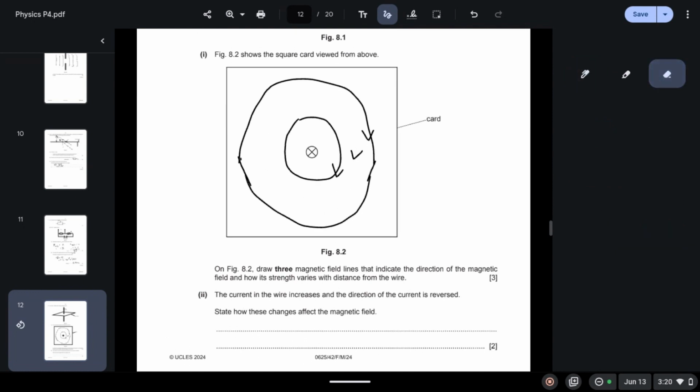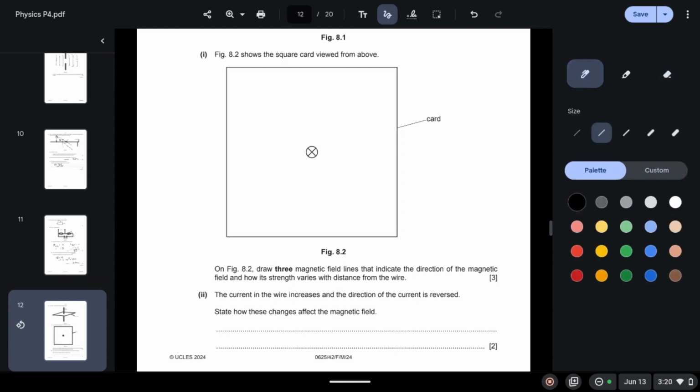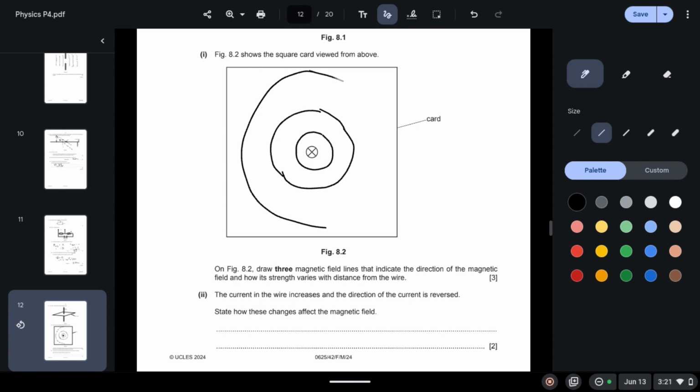So we'll have to make the lines, since the field strength decreases with distance, further apart from the first circle. And the third one will be furthest apart. So the increasing distance between these lines indicates that the field strength is decreasing.